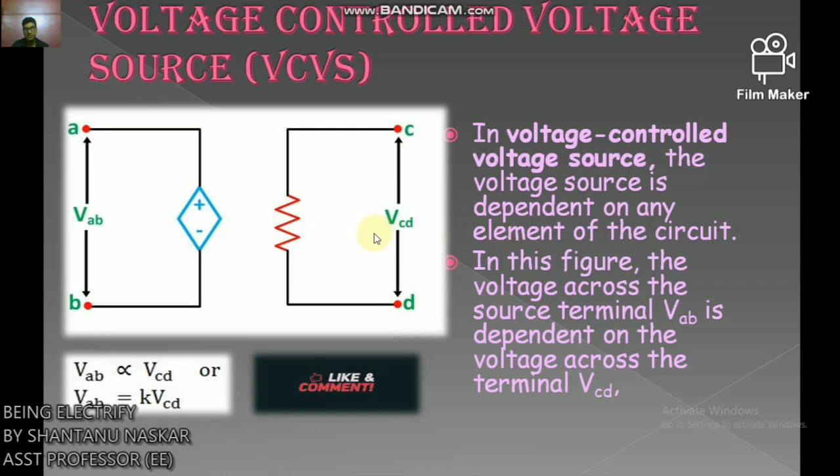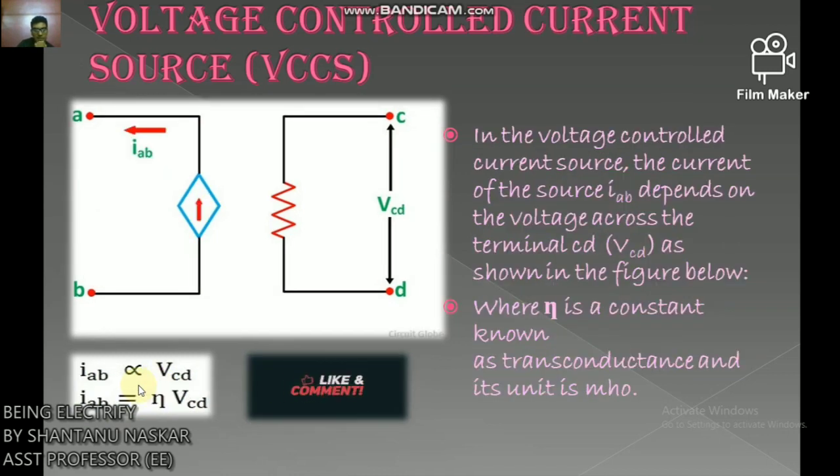In this figure, the voltage across the source terminal VAB is dependent on the voltage across the terminal VCD. So VAB is proportional to VCD, or we can write VAB equals K VCD. Here K is a constant.